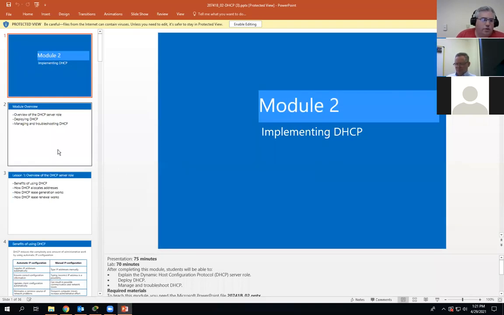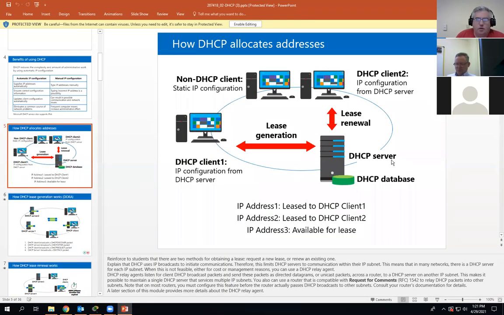All right, so we talked about DHCP, and this slide here gives you the flavor of how it works. Your client computer, by default with Windows, has DHCP enabled. So it will ask the nearest DHCP server using a broadcast. We're talking IP version 4 DHCP here.